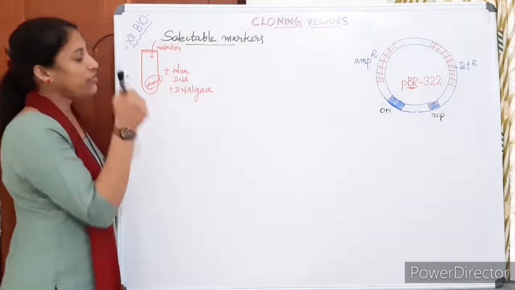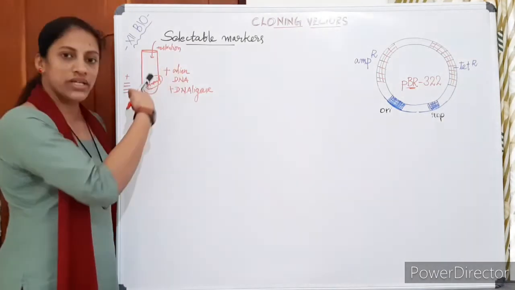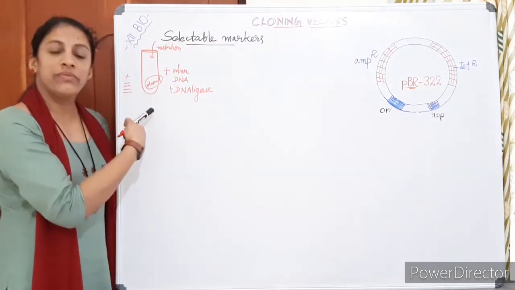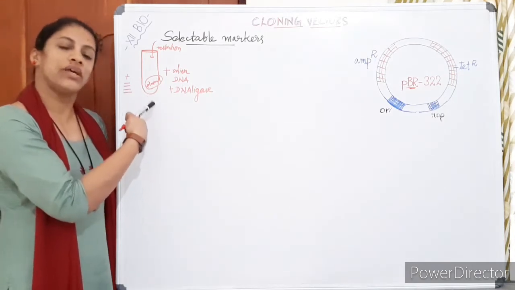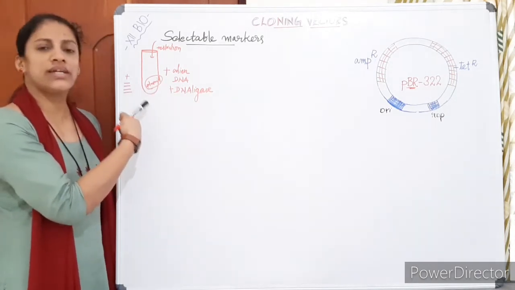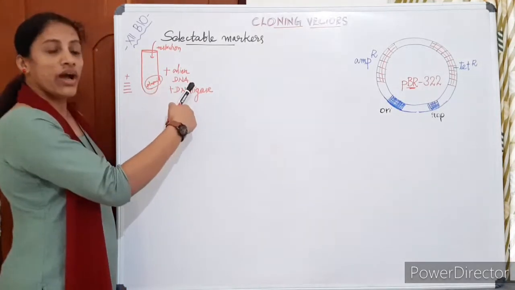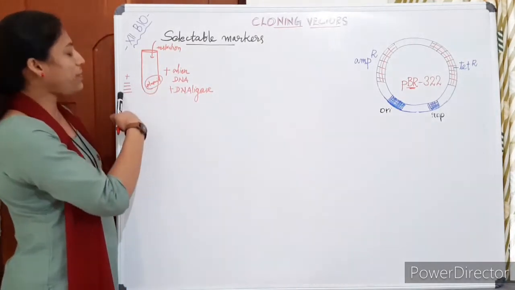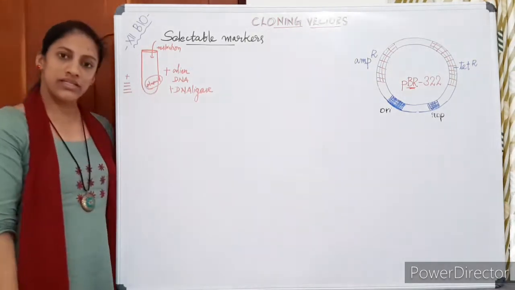Keep in mind, first we have taken plasmids in a container, then we introduce the restriction enzymes. Our aim is to cut all the plasmids with the restriction enzymes, otherwise only certain plasmids might be cut. Then we are adding the DNA pieces cut with the same restriction enzyme along with the DNA ligase enzyme.